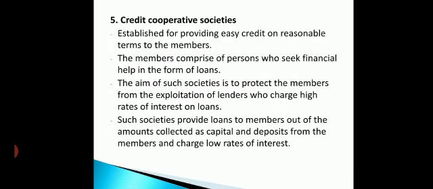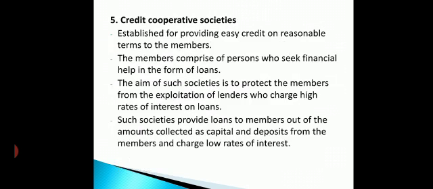Fifth one is credit cooperative societies. Now these societies are established for providing easy credit on reasonable terms to the members. Now suppose I urgently want a loan, obviously I will go to a private money lender.